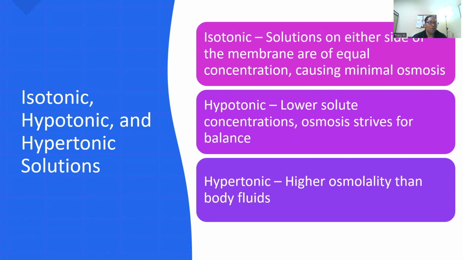Okay, so that's isotonic. They become isotonic when the solutions on either side of the membrane achieve equal concentration. And this is causing minimal osmosis. I mean, there's not much need for that shift of fluid. These isotonic solutions kind of mirror the osmolarity of our body fluids.